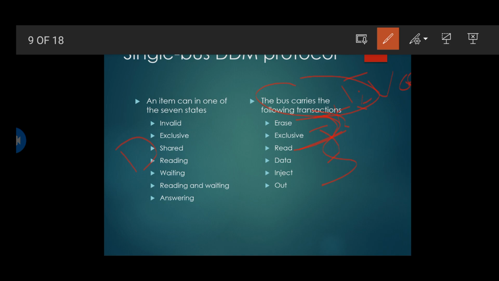Next, it can be data, like it can write the data there. And next, it will be an inject operation, which is almost equal to a write operation. Next, it can be an out operation, in the sense of giving out the data which was present previously. These are the main operations the DDM bus can perform on the cache only memory.